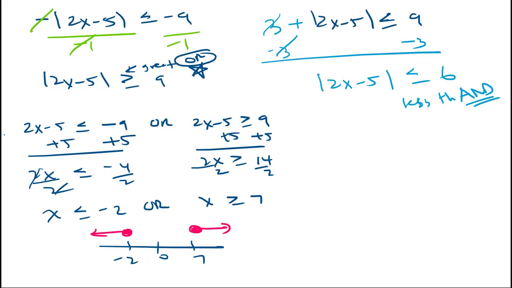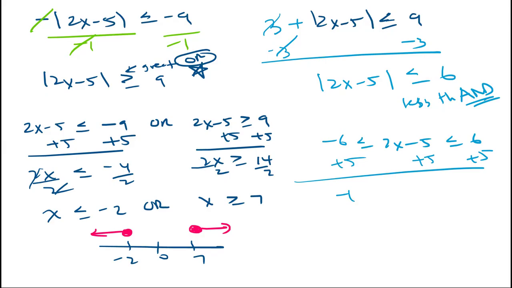So that means if it's a less than, I'm going to have one equation, right? So I'm going to have -6 less than or equal to 2x minus 5 less than or equal to positive 6. "And" means I connect them together, "or" means I have two separate. And then I just solve. So +5, +5, +5. That gives me -1, and then 2x, because this cancels, and equal to 11. 6 plus 5 is 11, then divide both sides by 2.